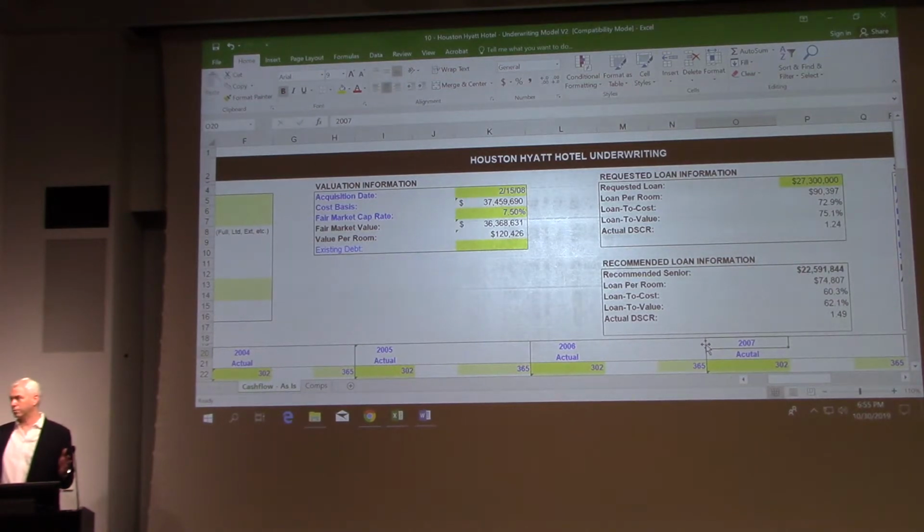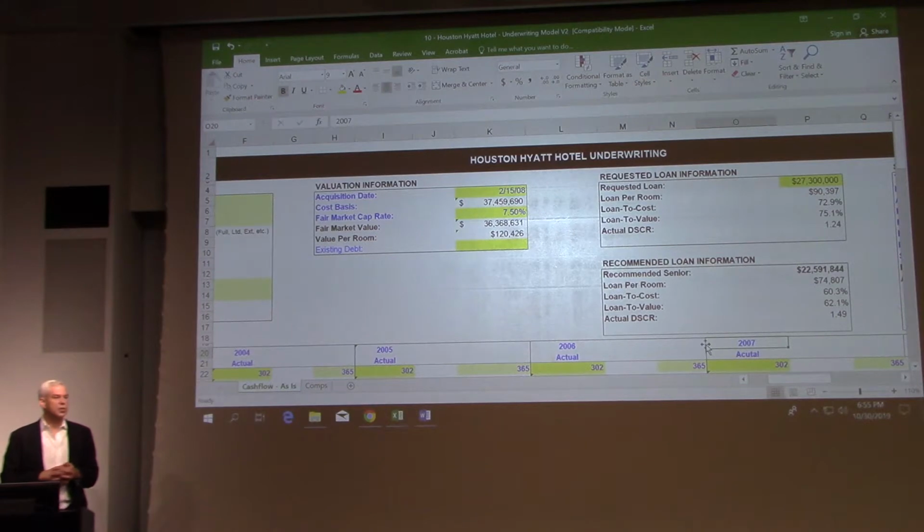So what happens if the franchise agreement expires during the loan term? This is assuming that you like all the metrics, right? You can use it as a way to back out of the loan if you want.